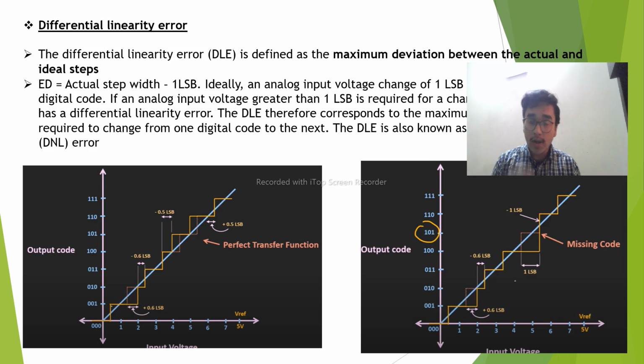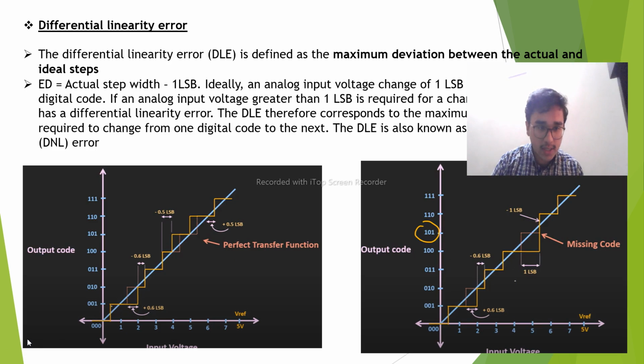But what if the difference is zero? If the difference is zero, then whatever the input, the corresponding output code will be missing. In the example I have taken here, at 101 this code is missing.